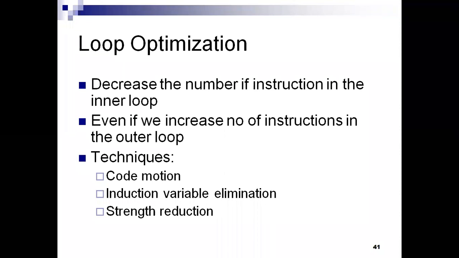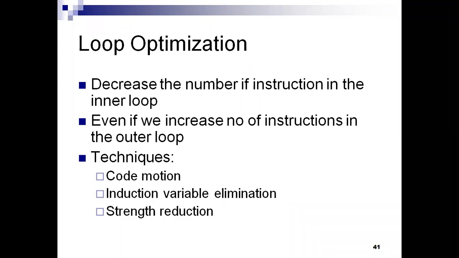As the name itself says, we are performing this optimization in the loops. Recall the principal sources of optimization, where we have various transformations like dead code elimination, common sub-expression elimination, strength reduction, code motion, and so on.